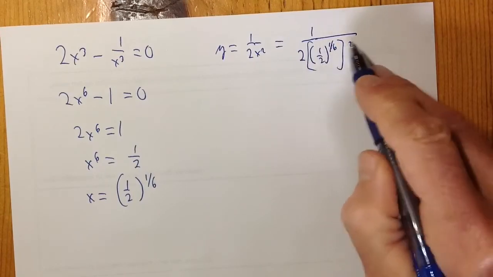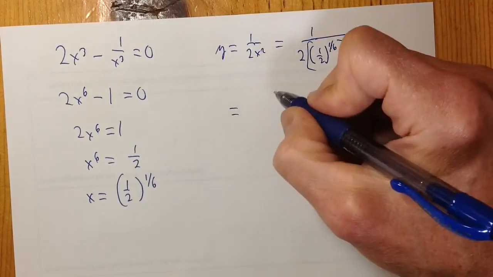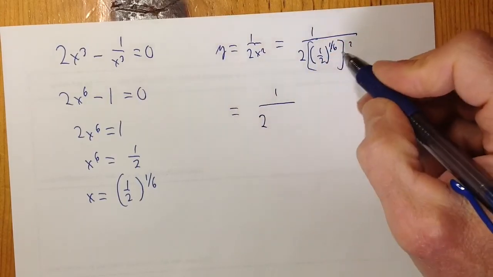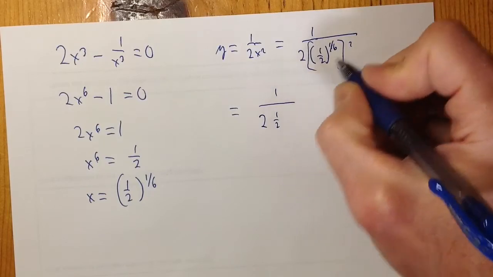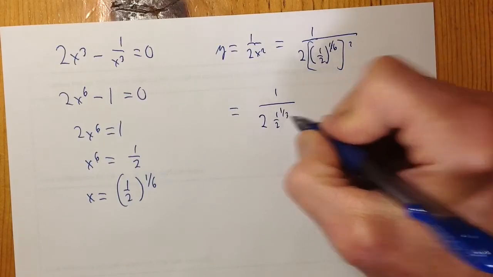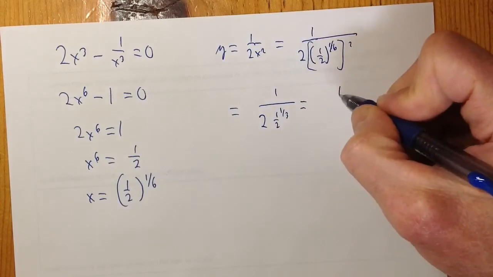We multiply powers, so that's the same thing as 1 over 2 times 1/2 to the 2/6, which is 1/3. Okay, and this is the algebra part.